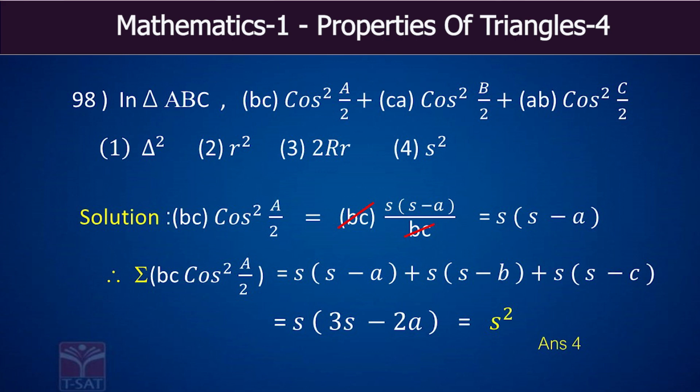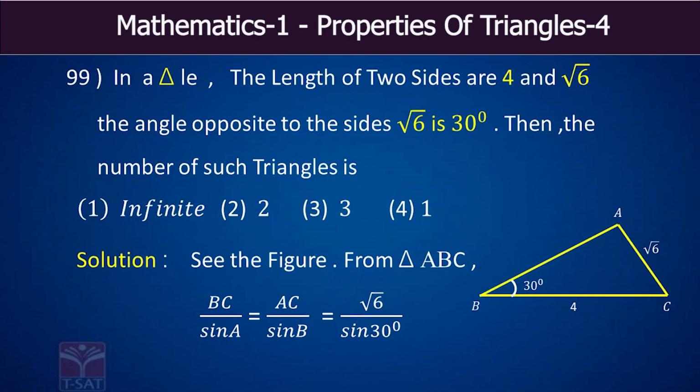BC will cancel. Therefore, the sum is s(s − a) + s(s − b) + s(s − c), so there is 3s − 2s, which is equal to s². So, option number 4.